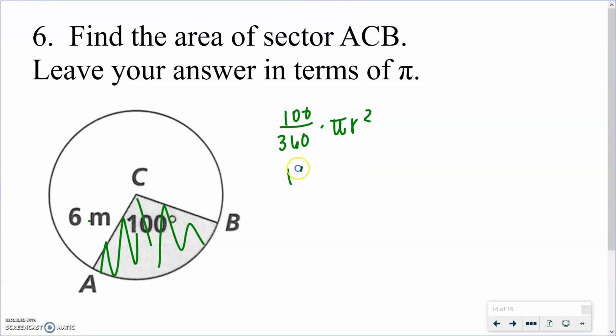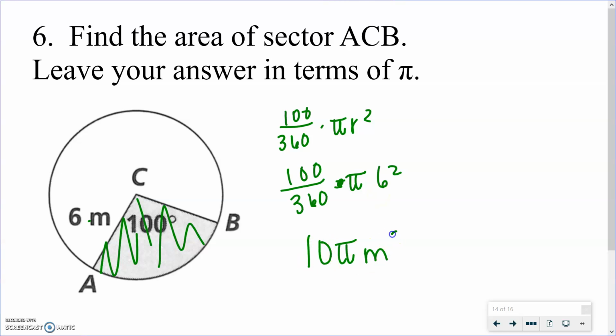Okay, but we know our r is 6 times pi times 6 squared. And we're going to leave it in terms of pi, so 100 divided by 360 times 36 gives us 10 pi meters squared as our final answer.